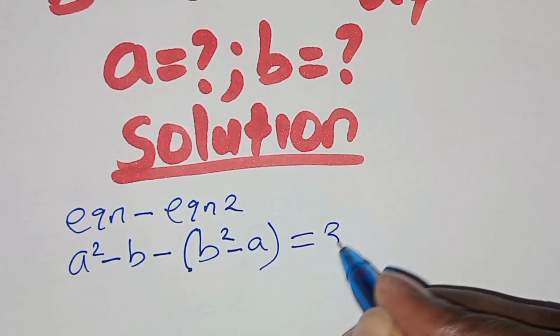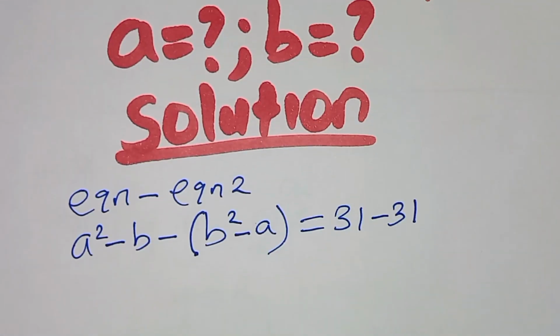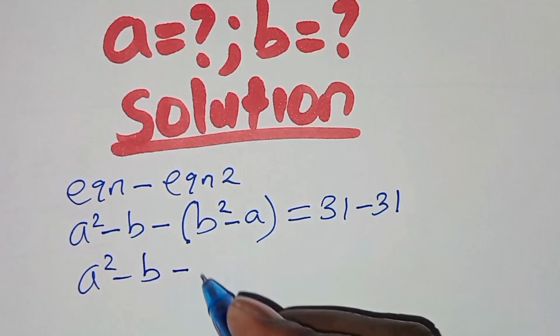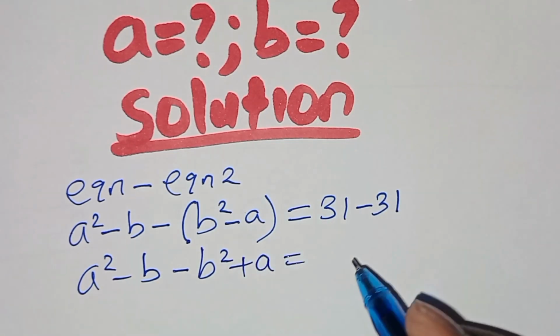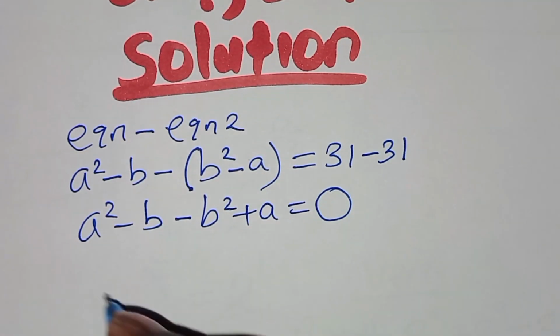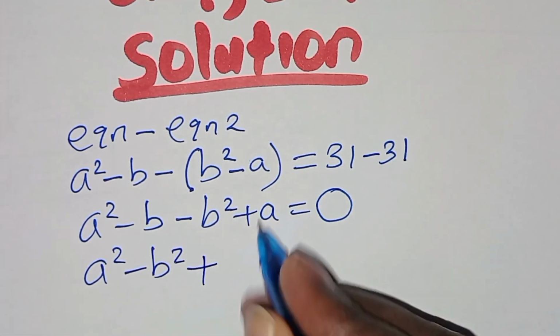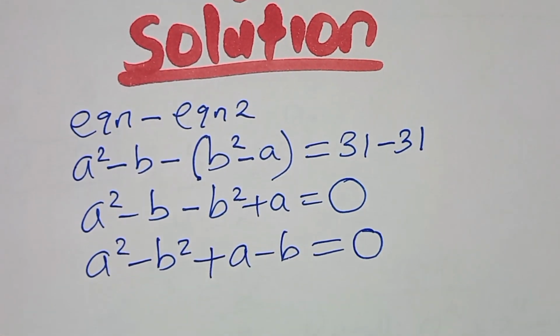This is equal to 31 minus 31. So here we'll have a squared minus b, minus b squared, minus times minus a, this is plus a, which is equal to 0. 31 minus 31 is 0. So in this case, we'll have a squared minus b squared plus a minus b, equal to 0.